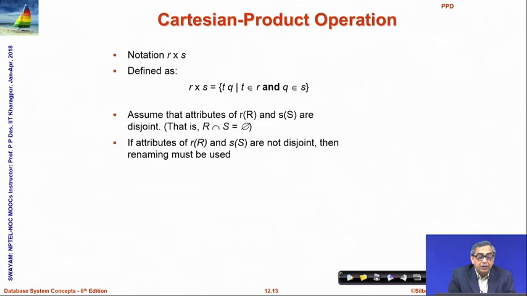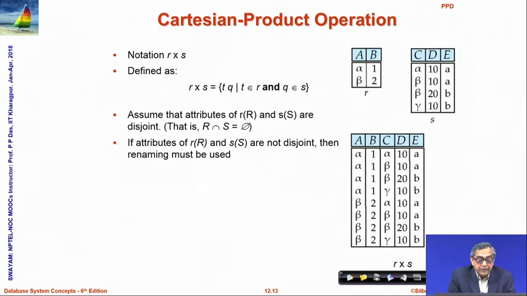If the attributes are not disjoint, then we must use renaming, which we will soon see, and here is an example that we had shown earlier of R and S computing R cross S.